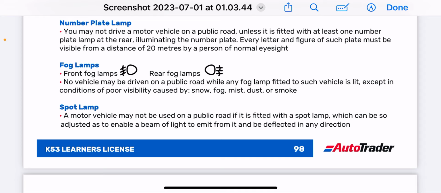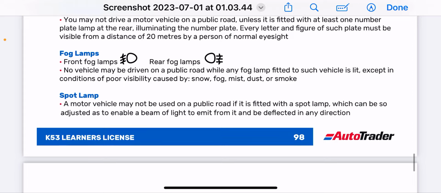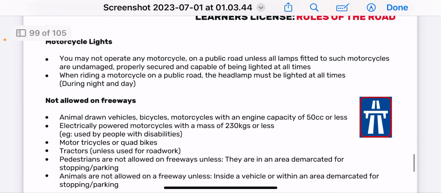Then you have the spot lamp. A motor vehicle may not be used on a public road if it is fitted with a spot lamp which can be adjusted so as to enable a beam of light to emit from it and be deflected in any direction.